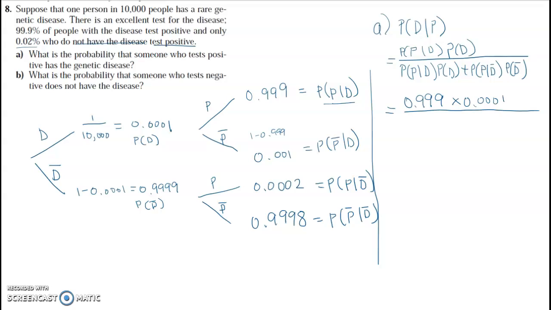So we have that, and we have the same thing being repeated, plus probability of positive given no disease. So we're looking at this one, which is 0.0002 times the probability of not having the disease, 0.9999.